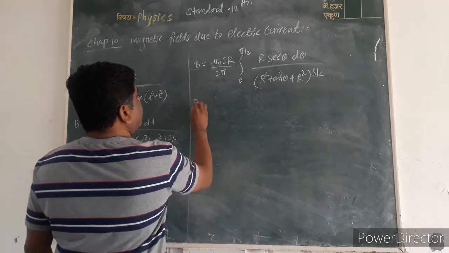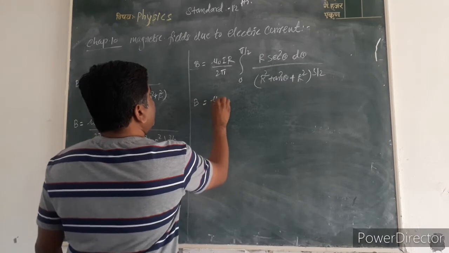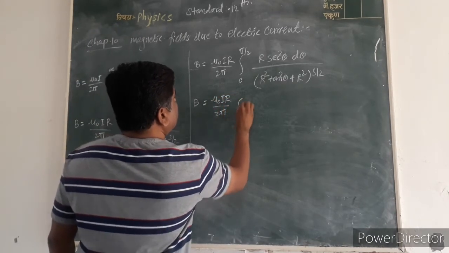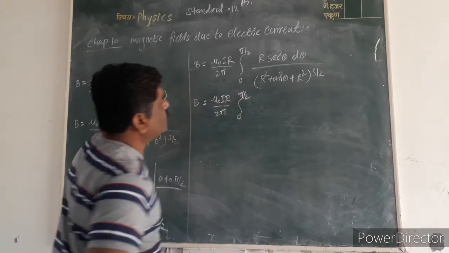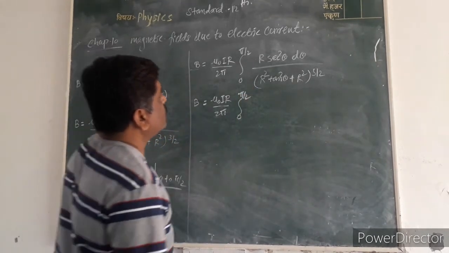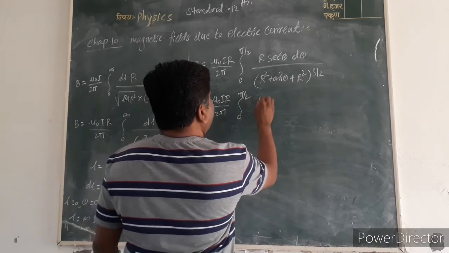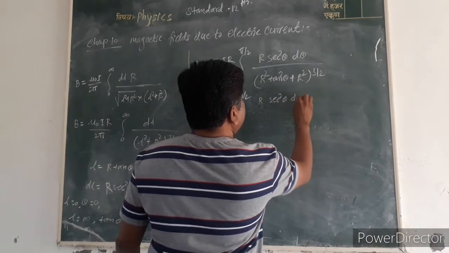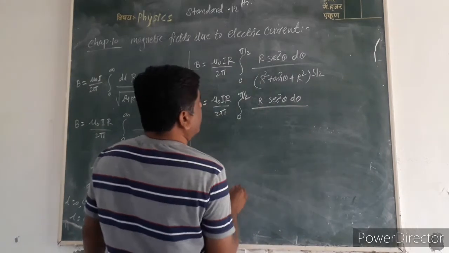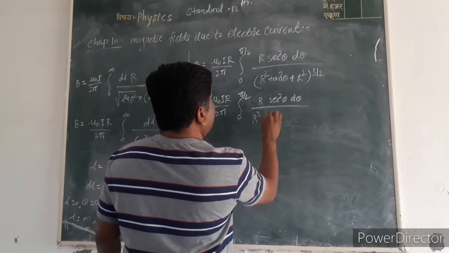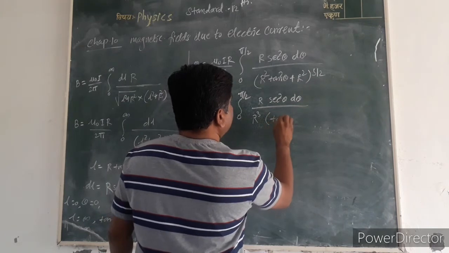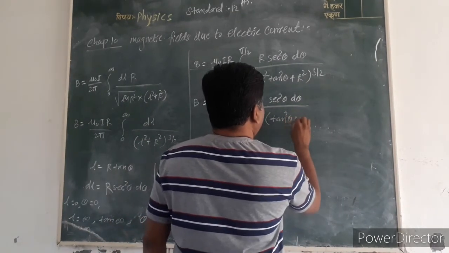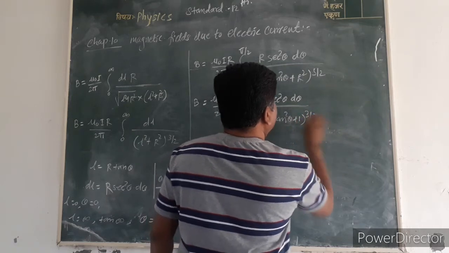Therefore, B is equal to mu 0 I r upon 2 pi, integral 0 to pi by 2, r sec square theta d theta divided by r cube into bracket tan square theta plus 1 raised to 3 by 2.